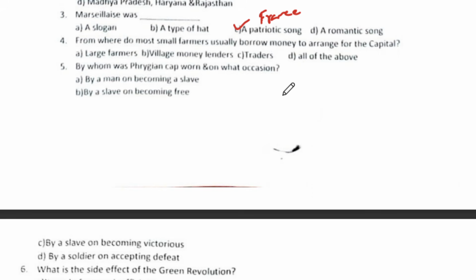They ask the traders, or the persons who are rich in their village, and large farmers. The answer is all of the above. Small farmers borrow money for capital from large farmers, village moneylenders and traders.